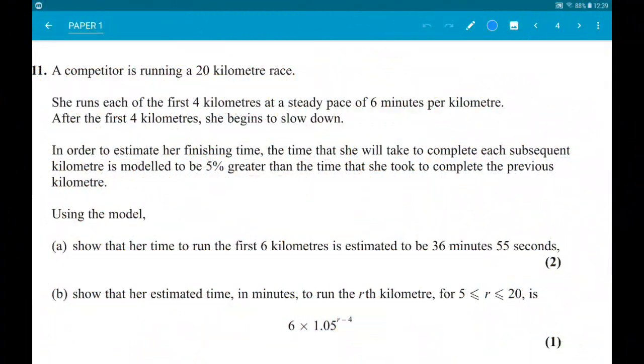For 11, a competitor is running a 20-kilometer race. She runs each of the first 4 kilometers at a steady speed of 6 minutes per kilometer. Then she begins to slow down.